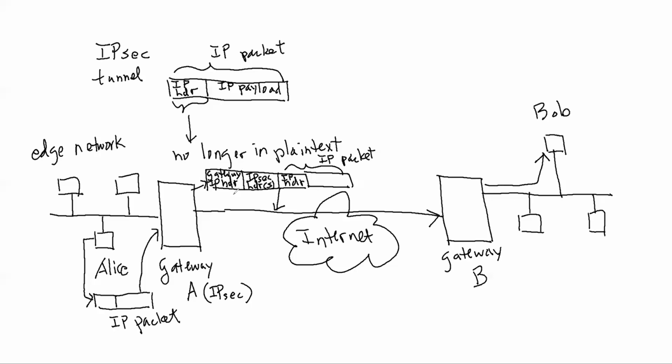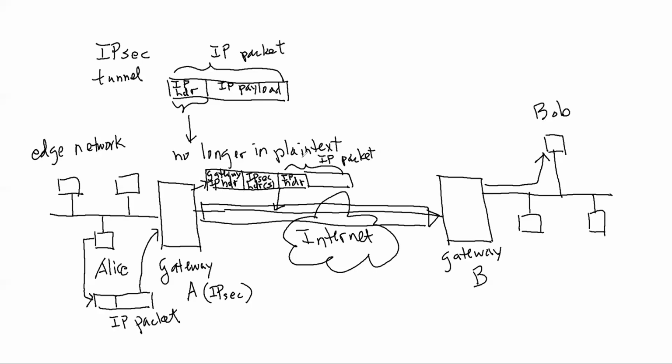This is equivalent to creating a tunnel, in the sense that no intermediate routers in the internet can see where this packet comes from. In other words, they cannot see that this packet comes from Alice's machine, or that it is to be delivered to Bob's machine.